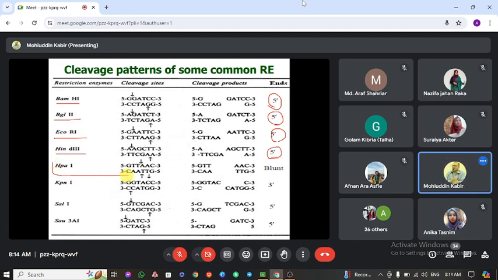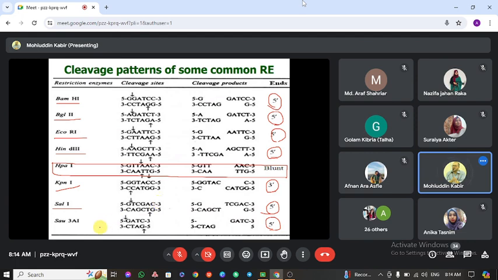HpaI is a blunt end cutter. KpnI produces 3' staggered end. SalI produces 5' sticky end. Sau3AI produces 5' sticky end.